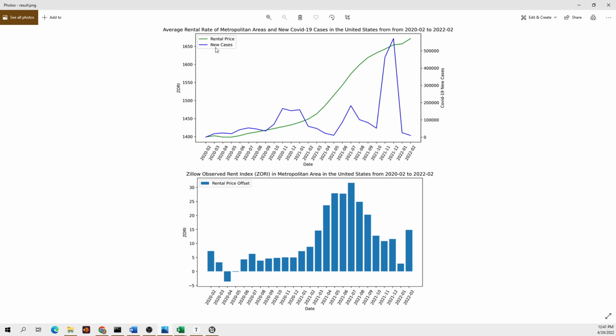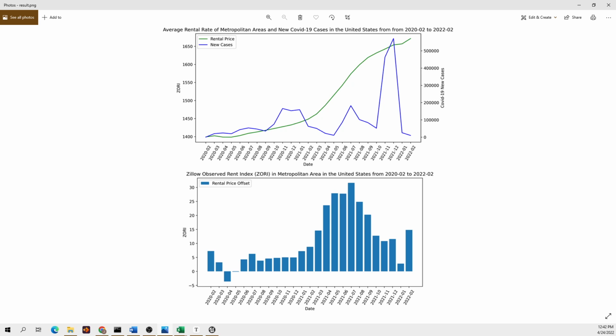Here is the Zillow index, and the other axis is the COVID-19 new cases. I want to investigate the new cases because I want to find out whether the new cases have a relationship with the rental rate.